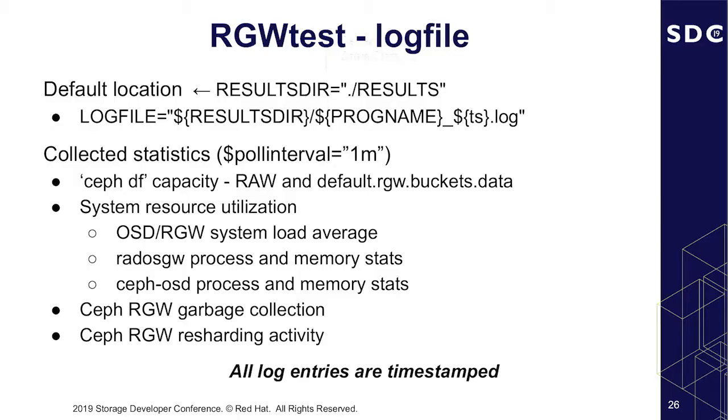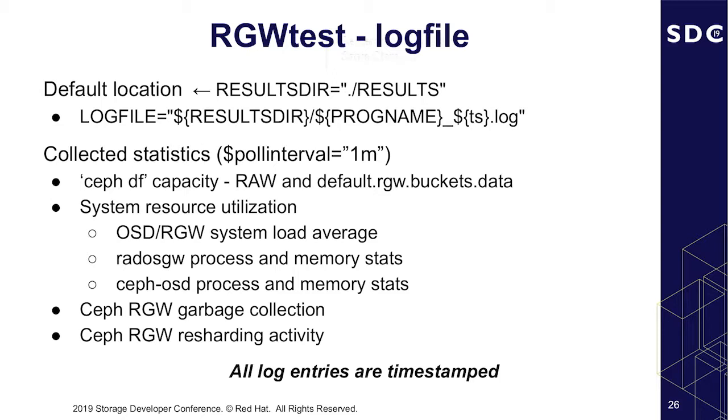So let's take a quick look at a log file. I mentioned that RGW test squirrels away system resource information by polling periodically in a background process. And by default, it collects those statistics on a 1-minute interval. And the types of things it grabs are listed here.